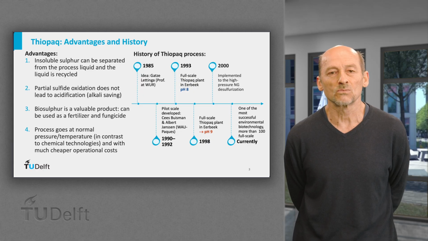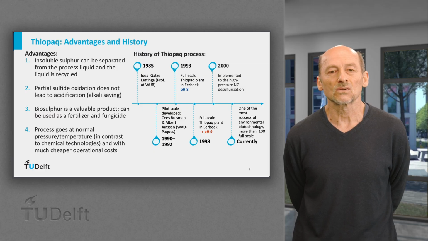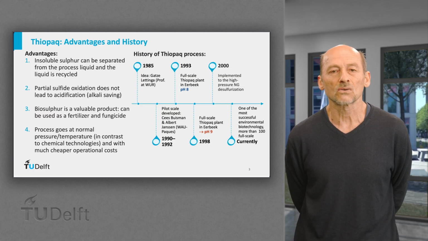Insoluble sulfur can be removed from the reactor liquid by gravity separation in the sulfur trap, while the reactor liquid, together with the biomass, can be recirculated through the entire system, acting as the scrubber liquid.